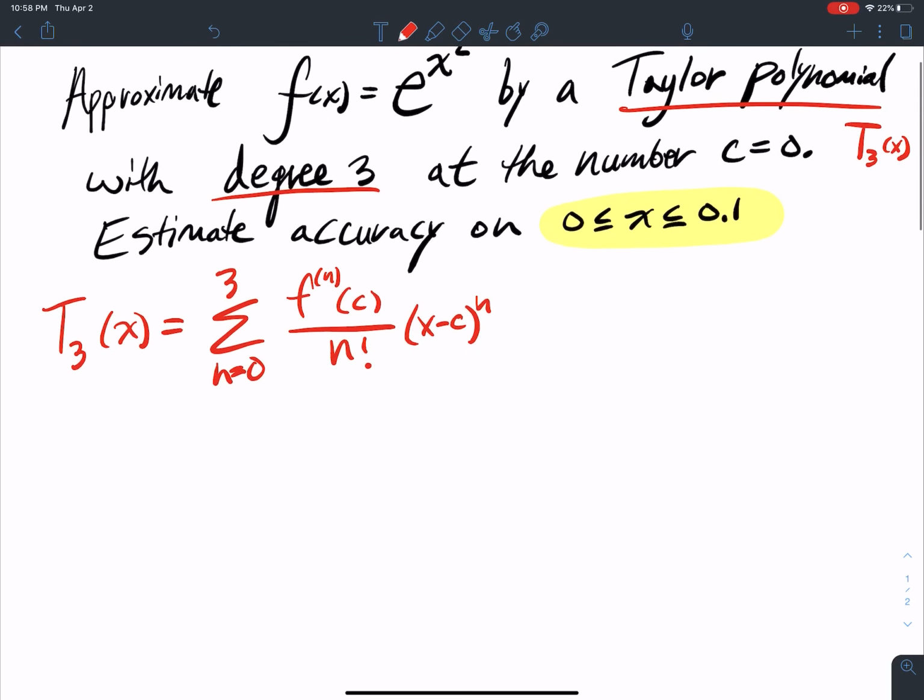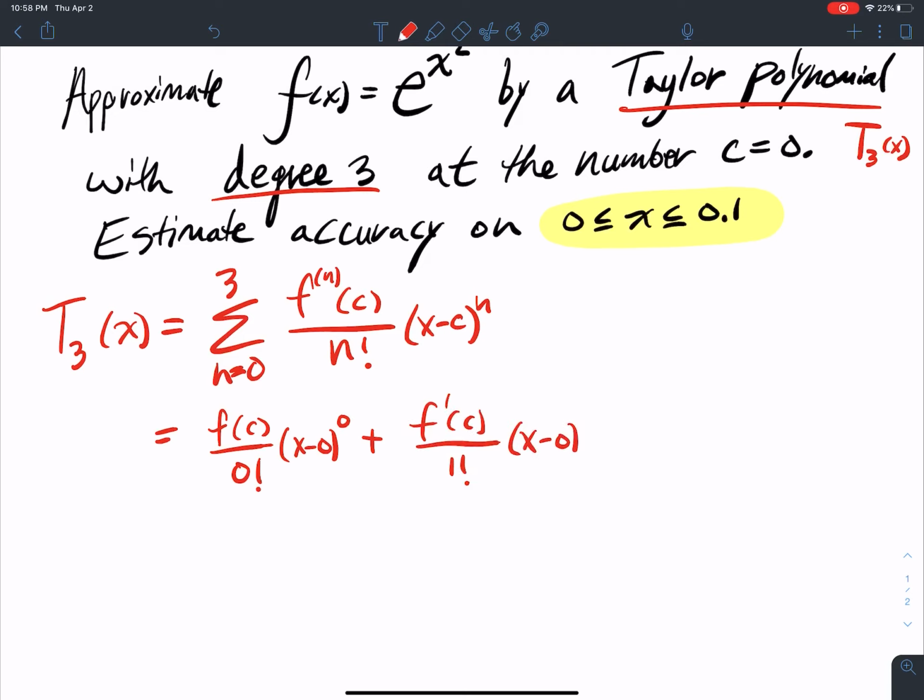Now, for this particular one, it's f of c over 0 factorial (x minus 0) to the 0, plus f prime of c over 1 factorial (x minus 0) to the 1, plus f double prime of c over 2 factorial (x minus 0) to the 2, and then plus f triple prime of c over 3 factorial (x minus 0) to the 3.